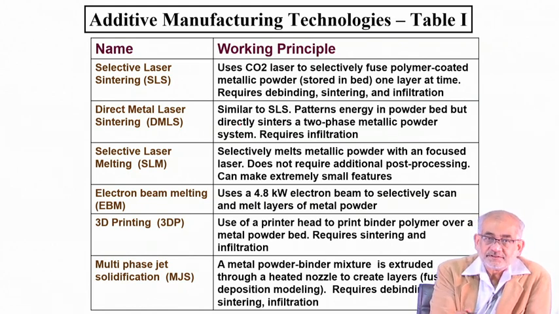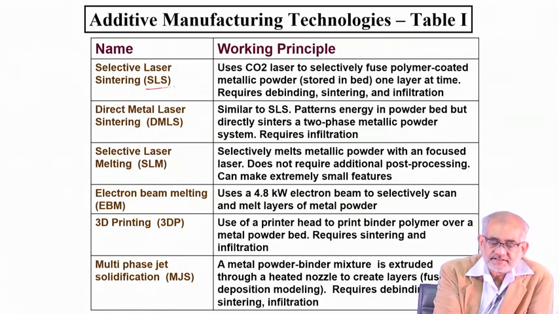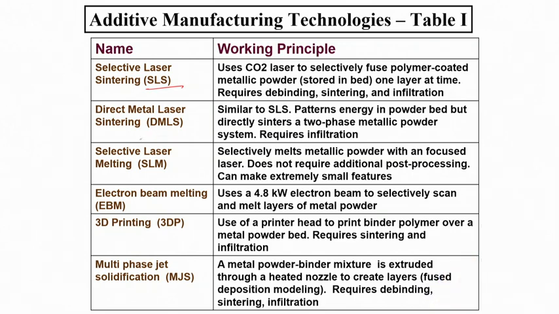Depending on the approach, some of these are called selective laser sintering or direct metal laser sintering. In selective sintering, you use a laser to sinter the powder feed that you feed in up to a certain depth, and the powders themselves will have a certain binder coating on them. So when you heat, these binders melt and fuse and bond with each other.